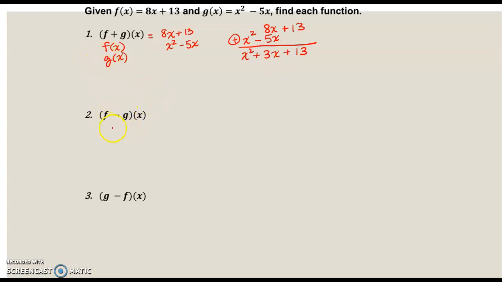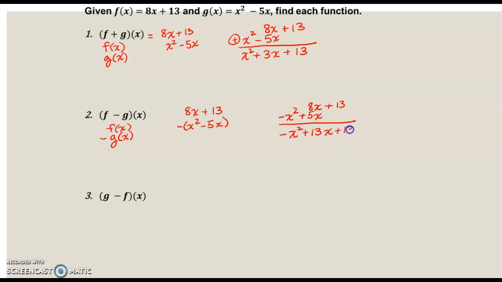F of x minus g of x would be 8x plus 13, and then you'd have minus x squared minus 5x. So to match up over here, you'd have a negative x squared, a positive 5x, a positive 8x, and a positive 13, because they don't change signs on top. So you'd end up with negative x squared plus 13x plus 13.